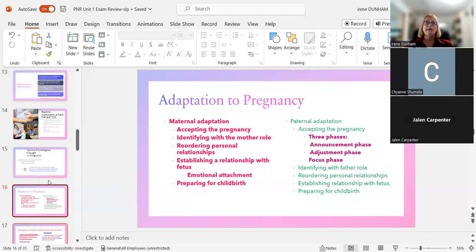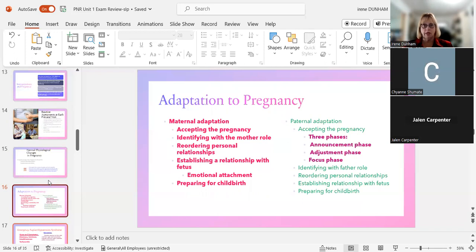Okay, so adaptations of pregnancy. The mom goes through changes and so does the dad. Under mom changing, first she has to accept the pregnancy. Remember, in the first trimester there's a lot of ambivalence, and they may not be so happy in the beginning, but as they accept the pregnancy, it gets better. The woman has to identify with the mother role. Some women say, oh, that's no problem, and other women are just not nurturing.